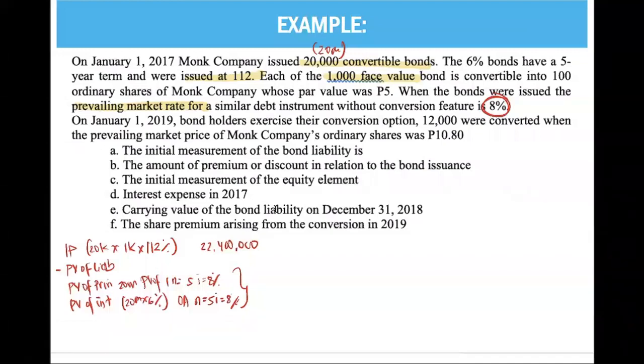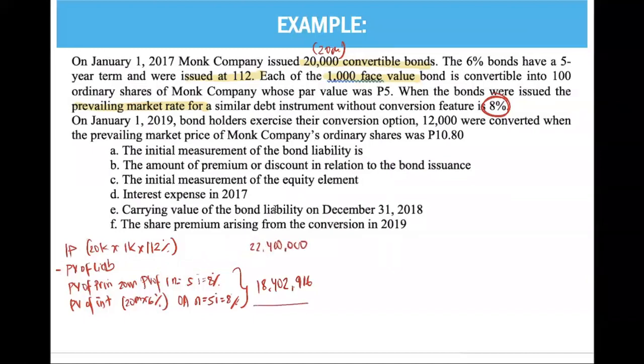Okay, let's compute. Did you get 18 million? 18,402,916. That's in case you got the present value as a whole.